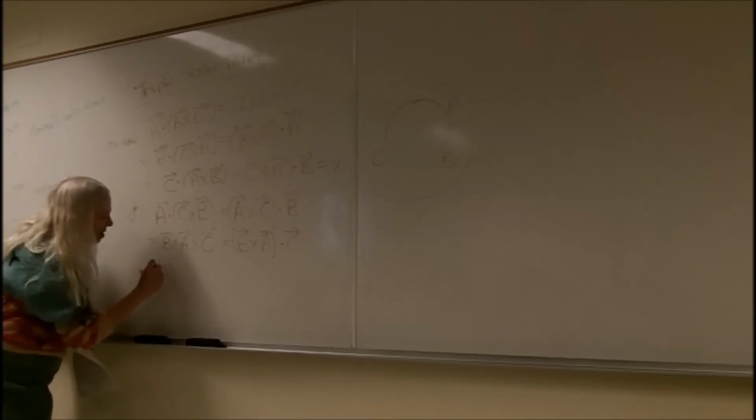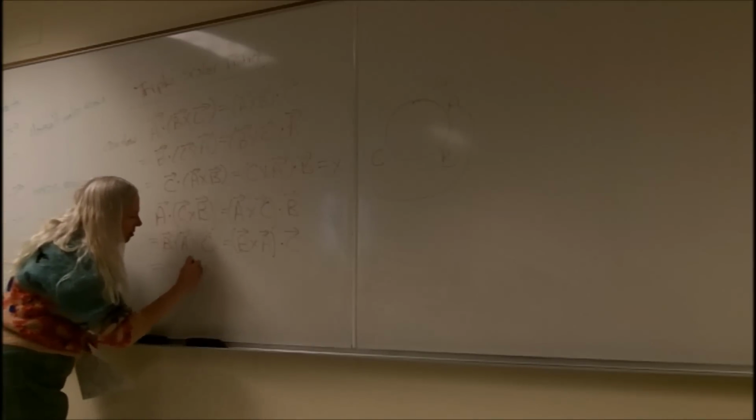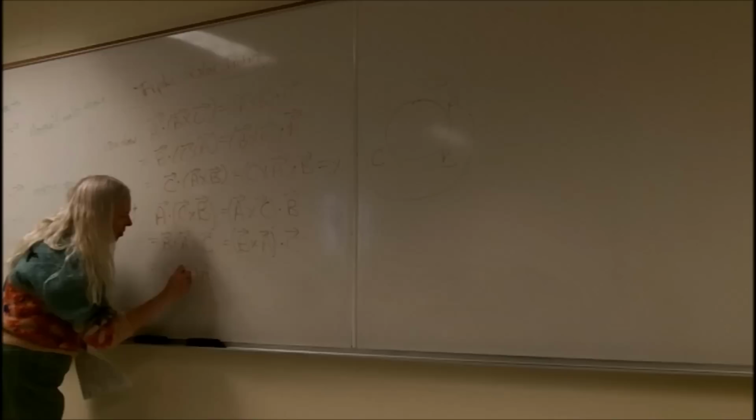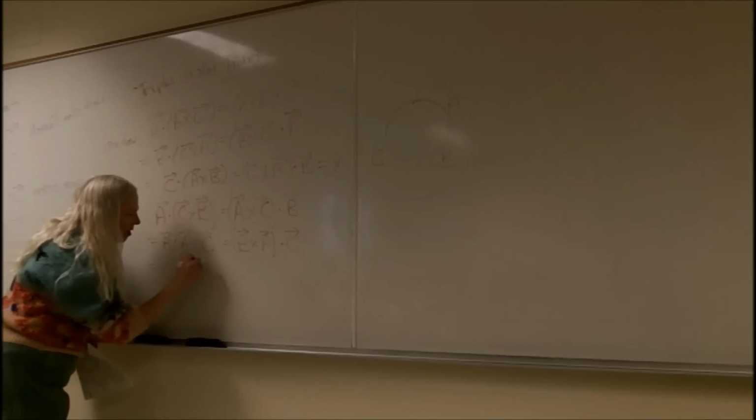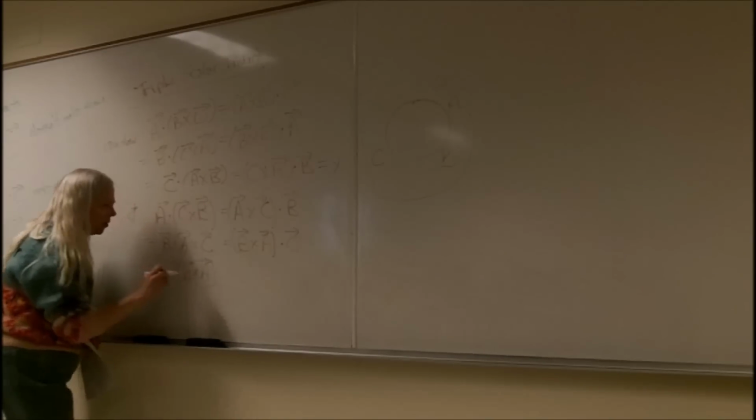Or I could start at C, and again I'm going counterclockwise, so that would be C, B, A. Again, I could put the dot and the cross wherever I want, just put parentheses around the cross product.